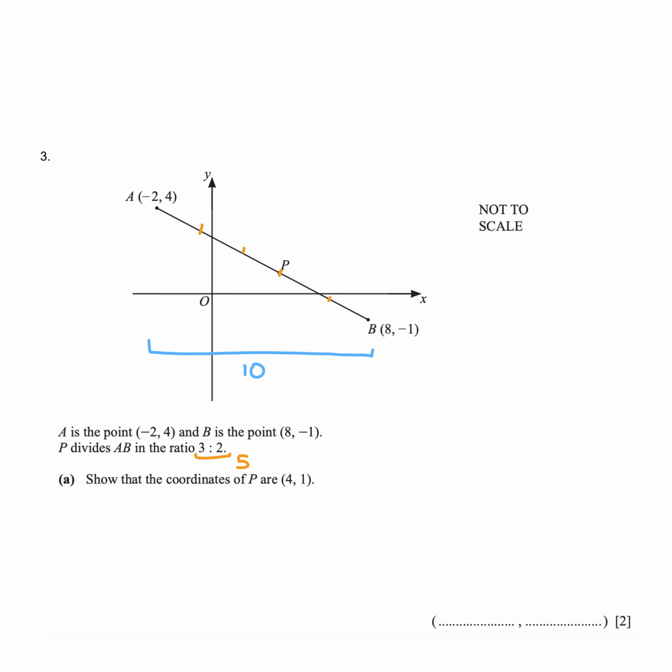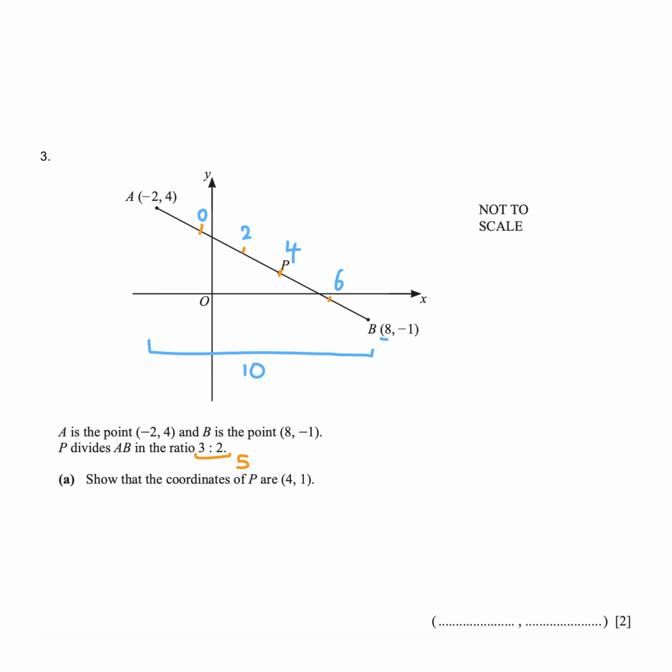Now, if there's 5 parts in that ratio in total, each step in the x direction is 2. So this one is going to be on 0, obviously not drawn very well, and then 2, 4, 6, and then 8 at the end.